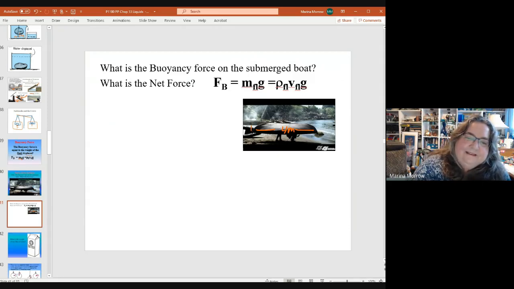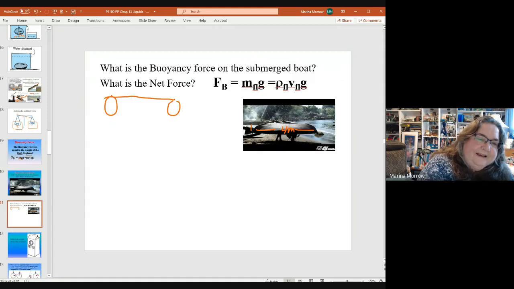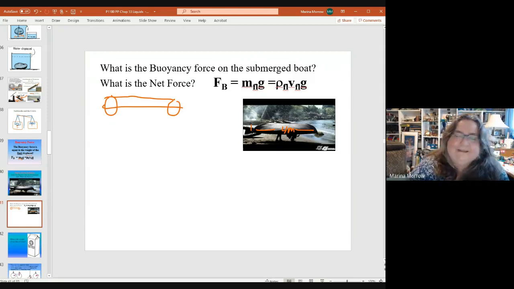So let's say this is the boat. We're going to approximate it as half of a cylinder. And it looks like it's about halfway down their body, so that makes it about 1 meter in radius. Okay, and it's about 4 meters long.